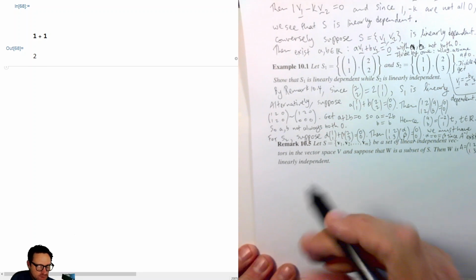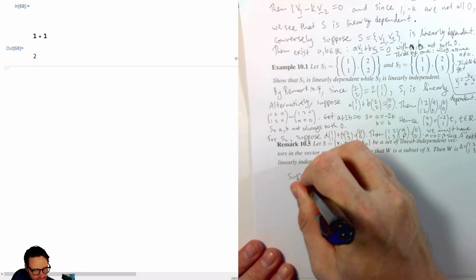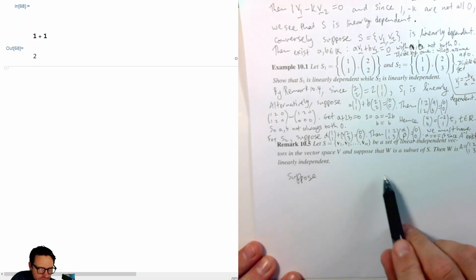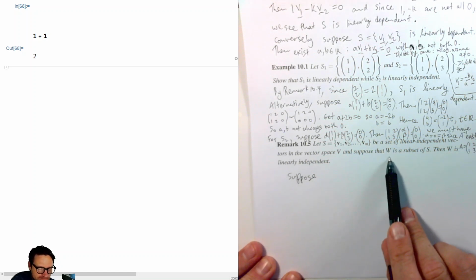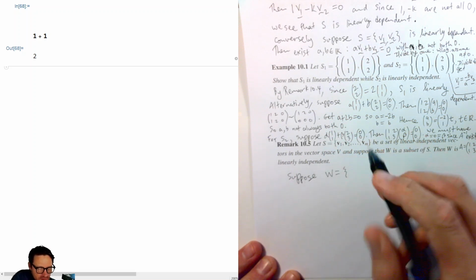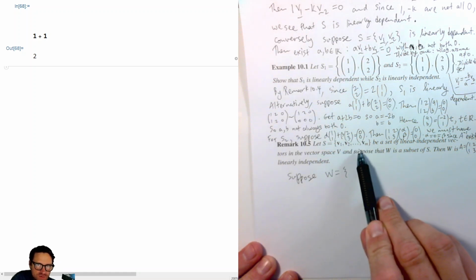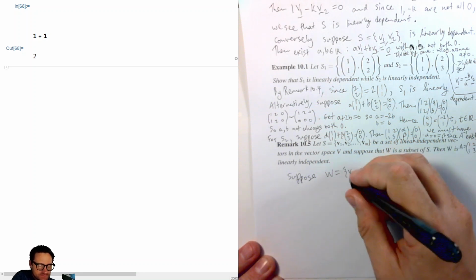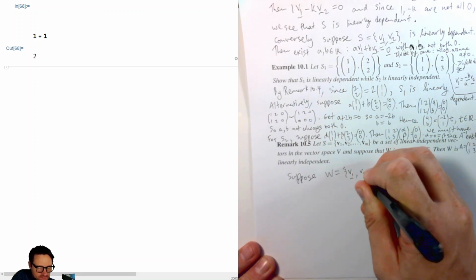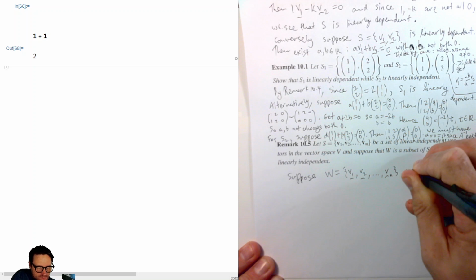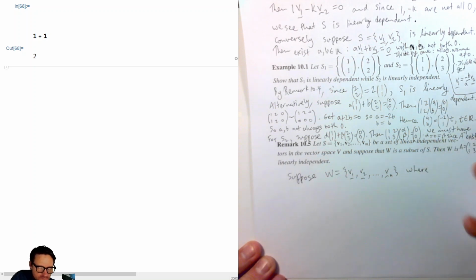Okay, so let's suppose then that W is equal to, without loss of generality, because we can always shuffle it around, the first n vectors, where n is less than or equal to m.